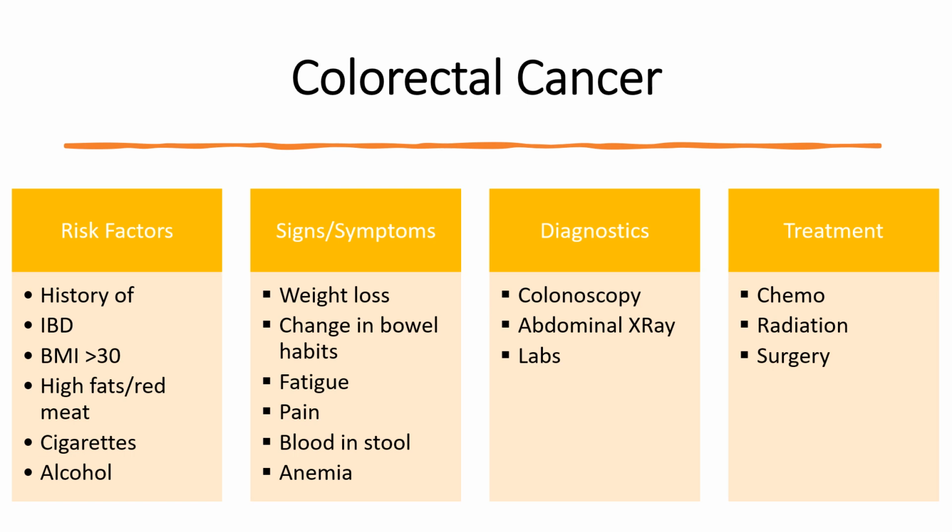But common symptoms are unexplained weight loss and fatigue, change in bowel regularity, appearance of the stool, they could have blood in the stool, abdominal pain, abdominal distension, a sensation of pressure or like incomplete emptying of their bowel, anemia. Treatments are chemo, radiation, and surgery to remove the affected part of the colon.